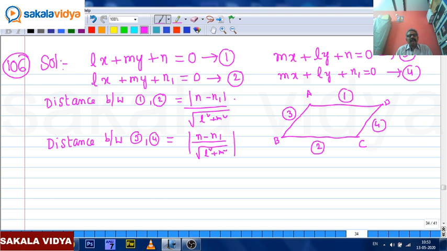Suppose this is say P, this is Q, distances P is equal to Q. So that means the distance from here to here, here to here is the same. That means it forms a rhombus.